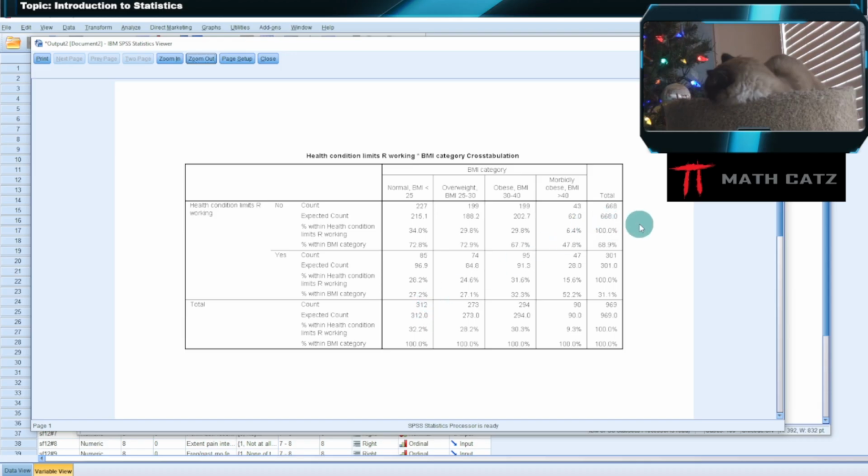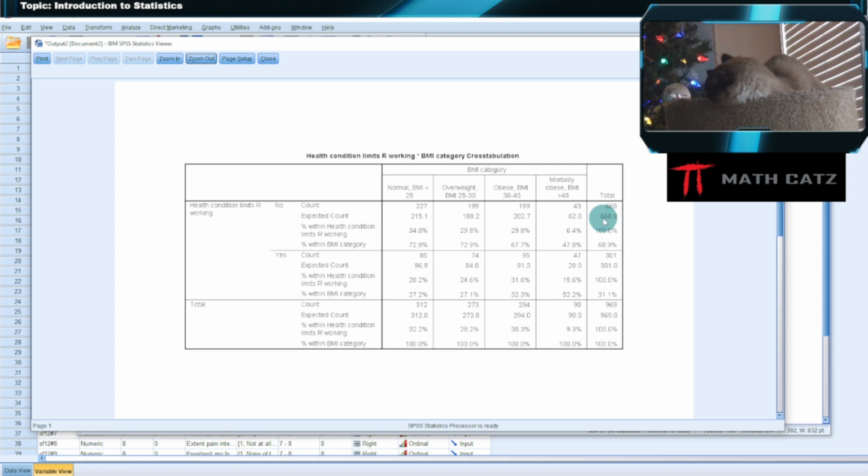So for example, if I have a total of 668 with no health condition and 301 with a health condition, that's almost a 2-to-1 ratio. In the normal BMI group, I expect no and yes to also be roughly in a 2-to-1 ratio.